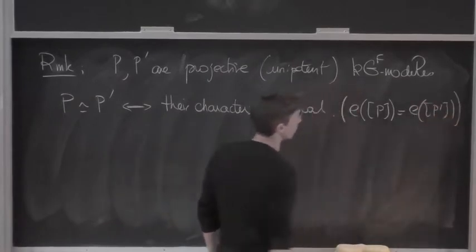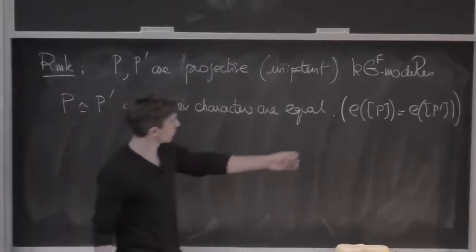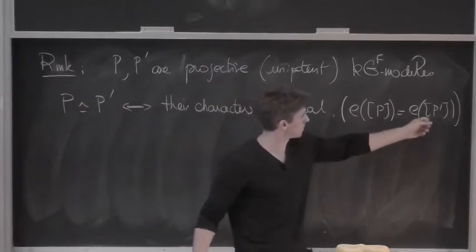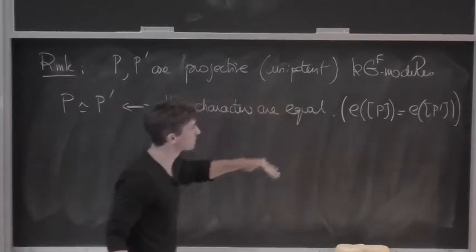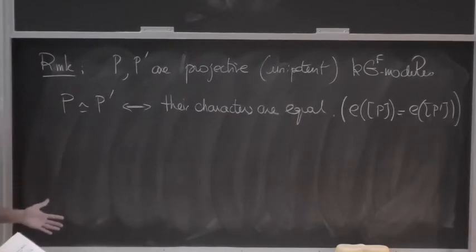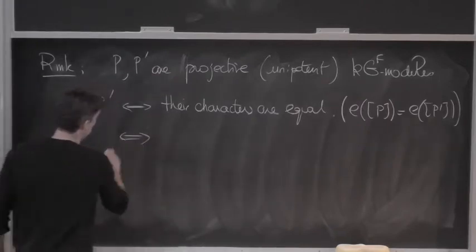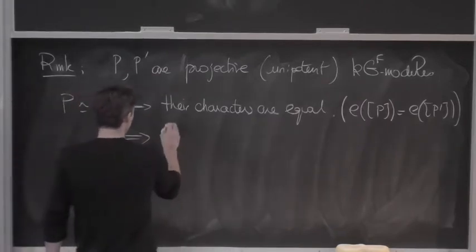But since you're working with a basic set, you don't have to check that all the characters occurring in this decomposition occur with the same multiplicity as this one. You just have to restrict to the basic set, and because the basic set spans everything, you will get the other multiplicities for free. So just check this on a particular basis.